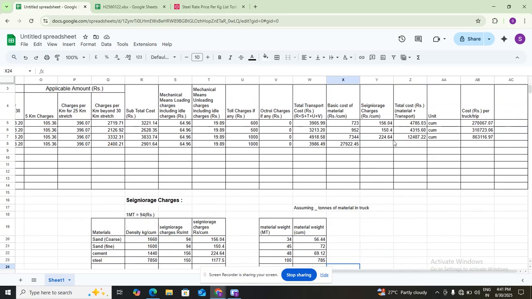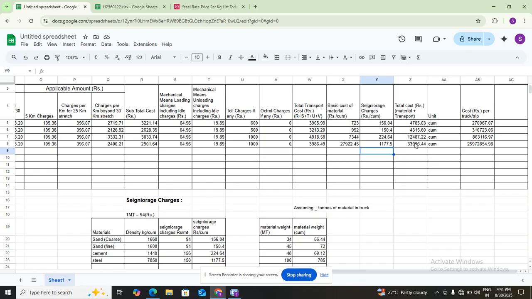Okay, now I just drag and drop everything. That is the steel CNS charges. Okay, 117 is happening. 150.